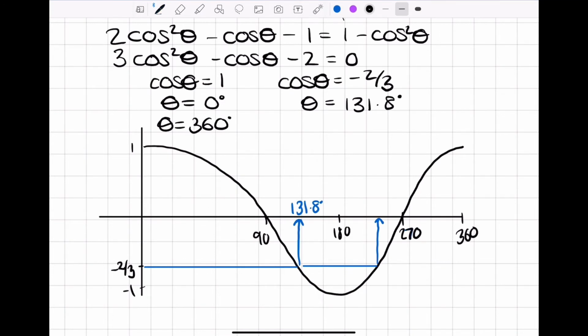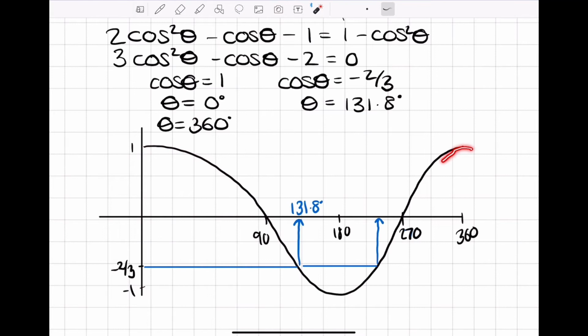The easiest way to calculate this, some people like to find the difference between 90 and 131.8 and then take that difference off 270, because that would work. Or we know that this distance is 131.8, and that's for all of that curve.